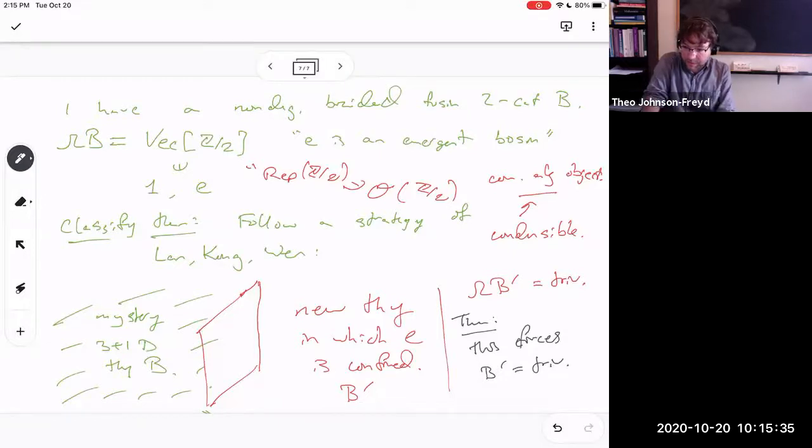And there's a more general statement: using this technology, you find more generally that anytime you have a topological order in 3+1 dimensions where the lines are rep G, you can always find a boundary condition. You can always condense it to the trivial, the vacuum theory.